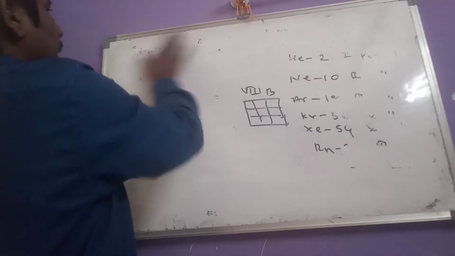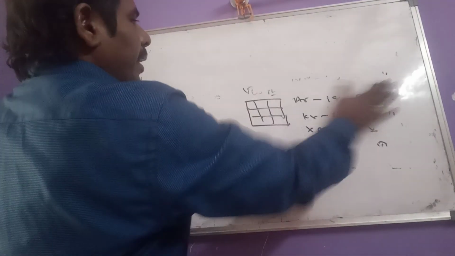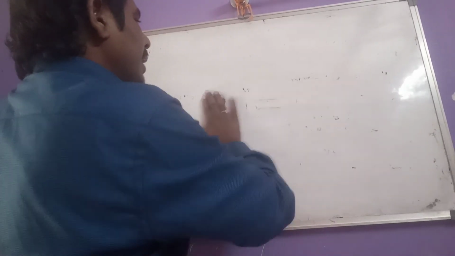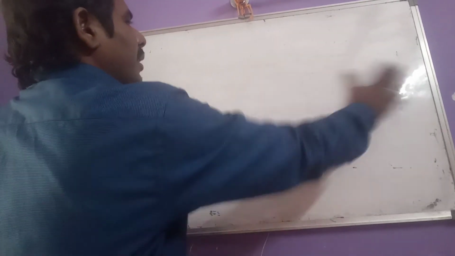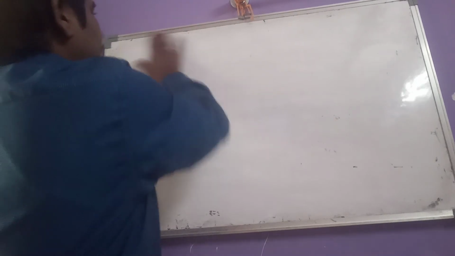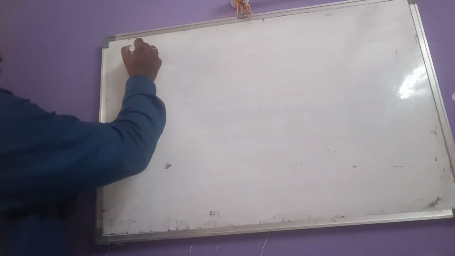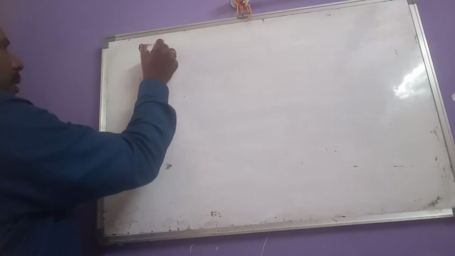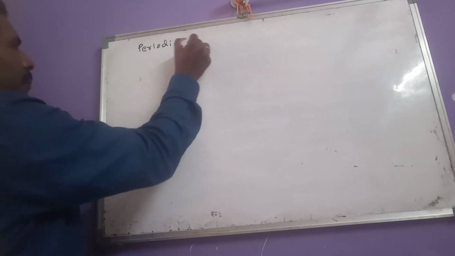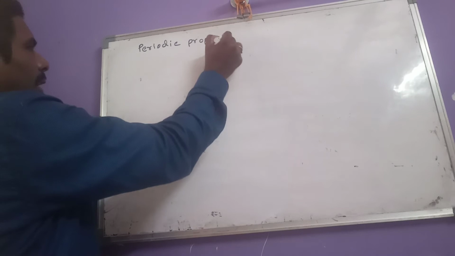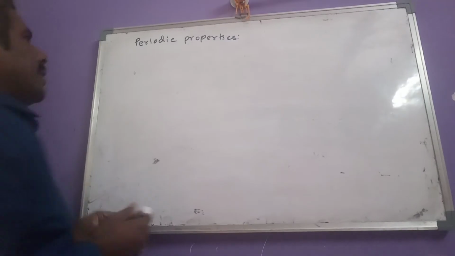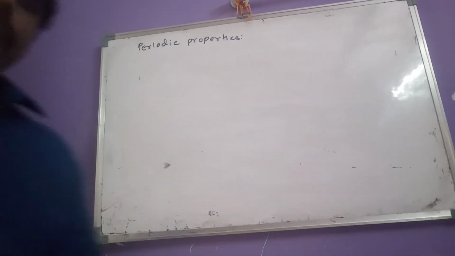Okay, now let us see what periodic properties are and the variation of periodic properties in a group and in a period. First, let us see what periodicity and periodic properties are. We discussed this once already, but I will explain again.